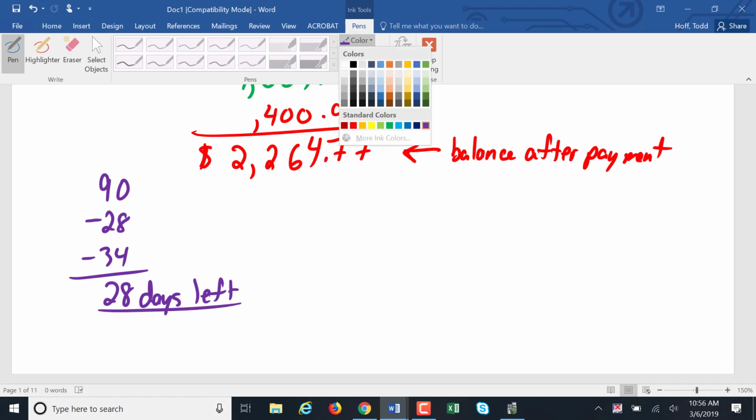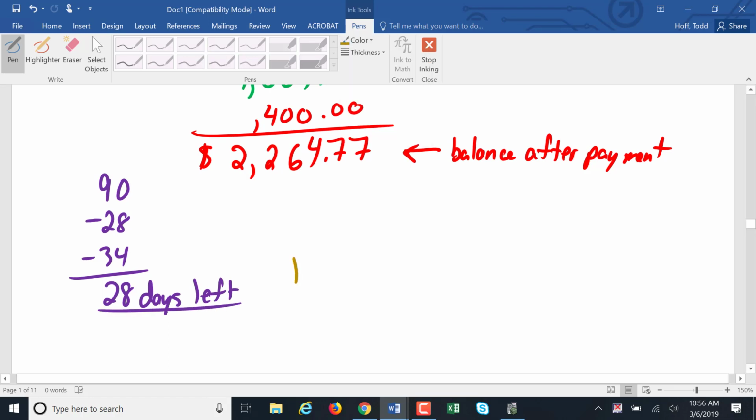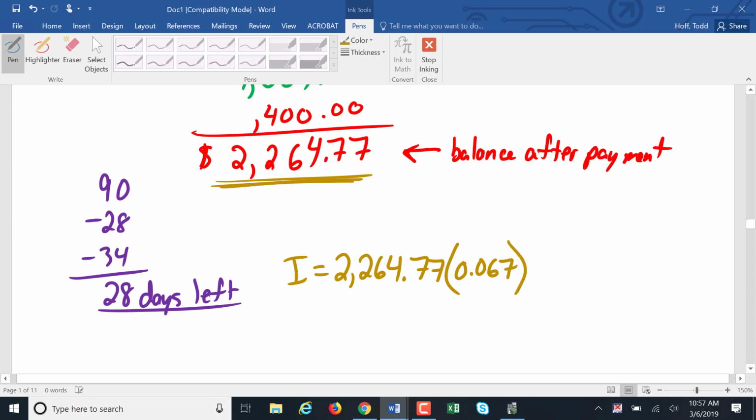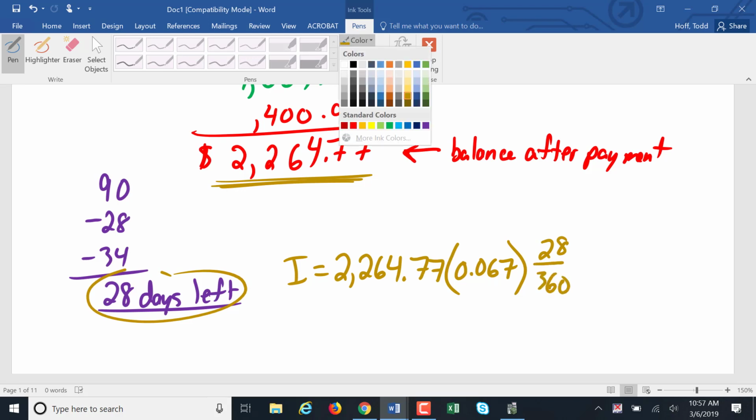So we have to find that remaining interest. I equals PRT. Our principal is that balance after that last payment, $2,264.77 times our rate, 6.7%, 0.067. Our time is that remaining 28 days over 360.